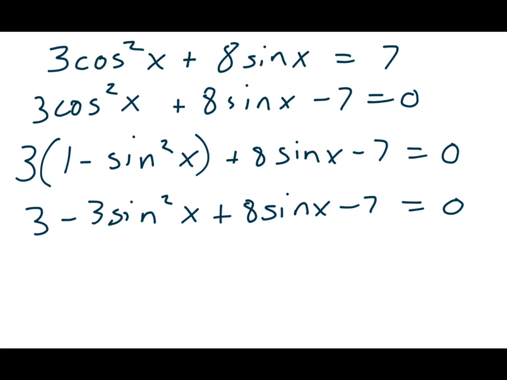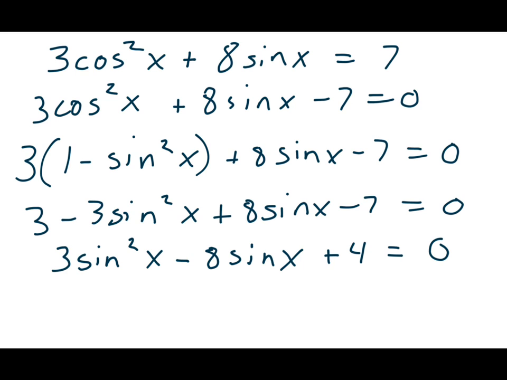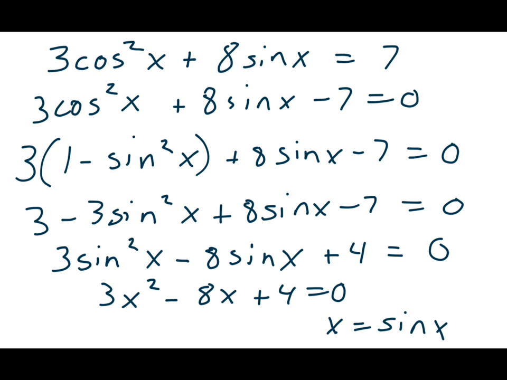on the front end. And when I combine like terms, I will have 3 sine squared x. I'm getting rid of a negative at the same time. And I'd have plus 4. Okay, now, if you imagine it like this quadratic where x is equal to sine of x, you can see that we can just solve that by factoring it.